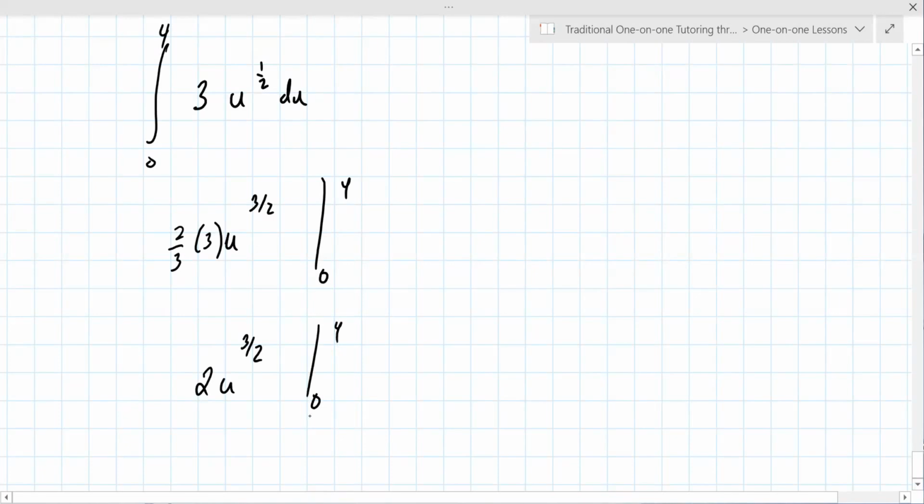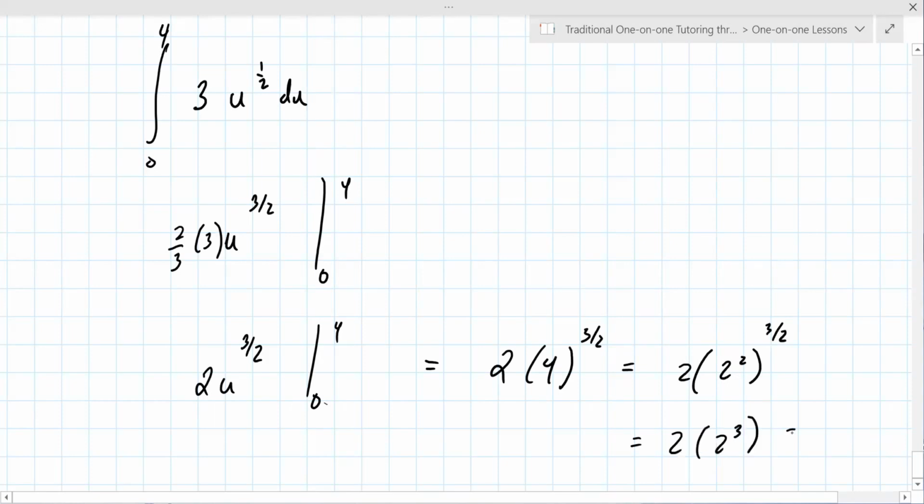And again, not just a polynomial, any rational or exponent thing, 0 is always 0, unless you've got an e. So this is just 2 times 4 to the 3/2. If you don't have a calculator, you have to rewrite 4 as 2 squared. Then you multiply the exponents, it becomes 2 cubed, which is 8, which is 16 when you're all done.